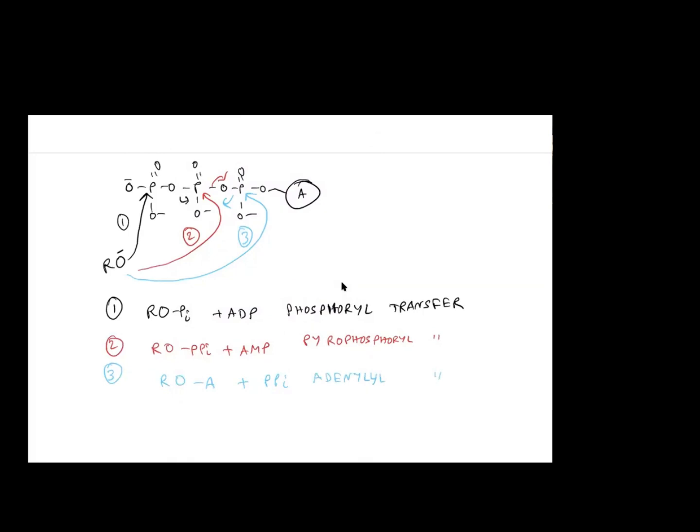So we are going to come back to each of these as we go along the semester with specific examples. This last example, we're going to see when we make glycogen, for example. So when we synthesize glycogen, this is one of the steps that happen.